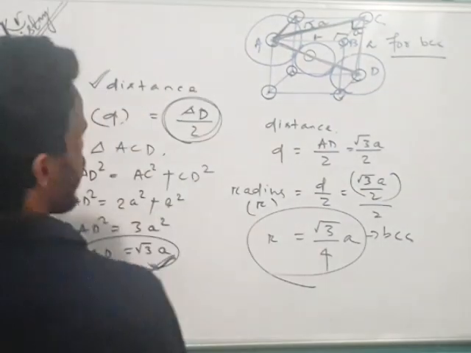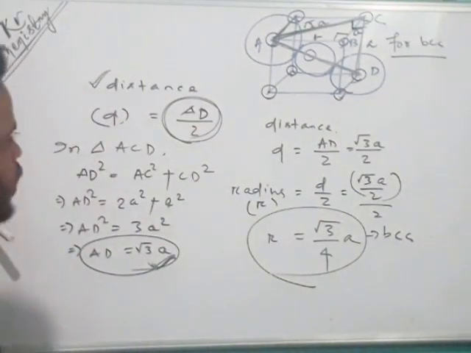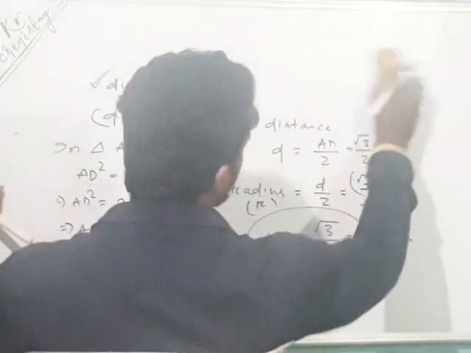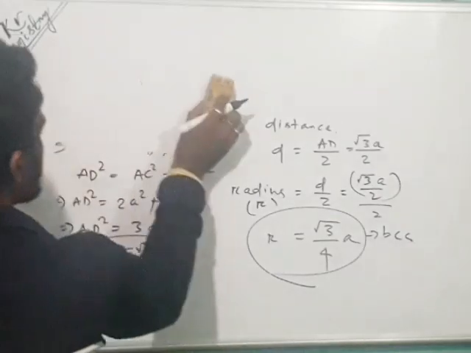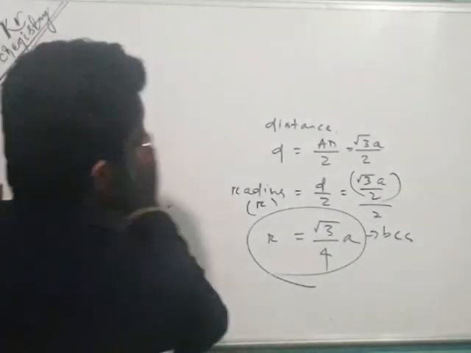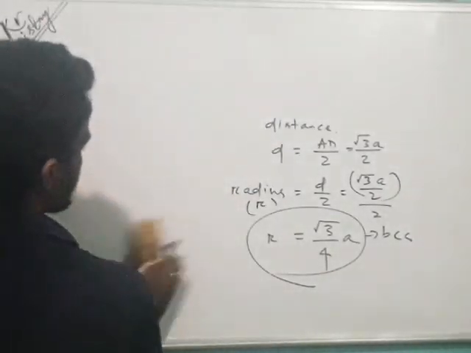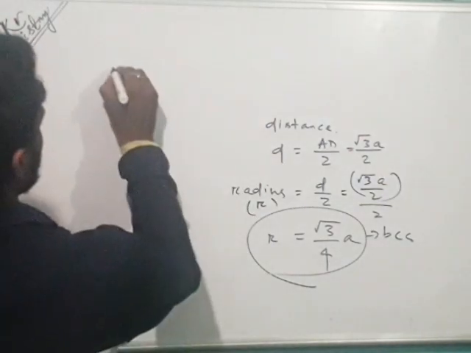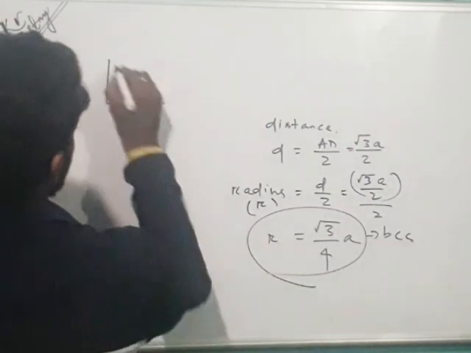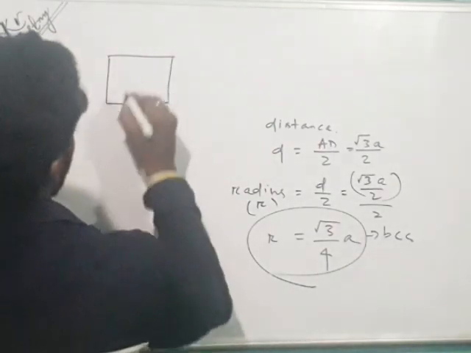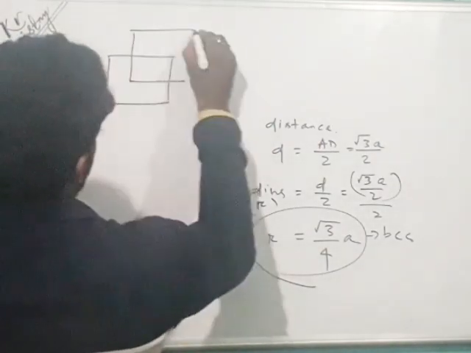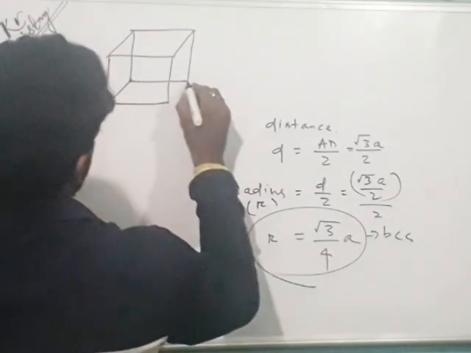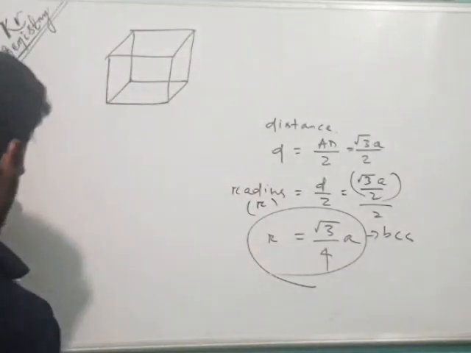Similarly, we can find the radius of the atom for face centered cubic crystal. This body centered cubic crystal is a little bit important. In case of face centered cubic crystal, I am drawing a cube. This is the cube.